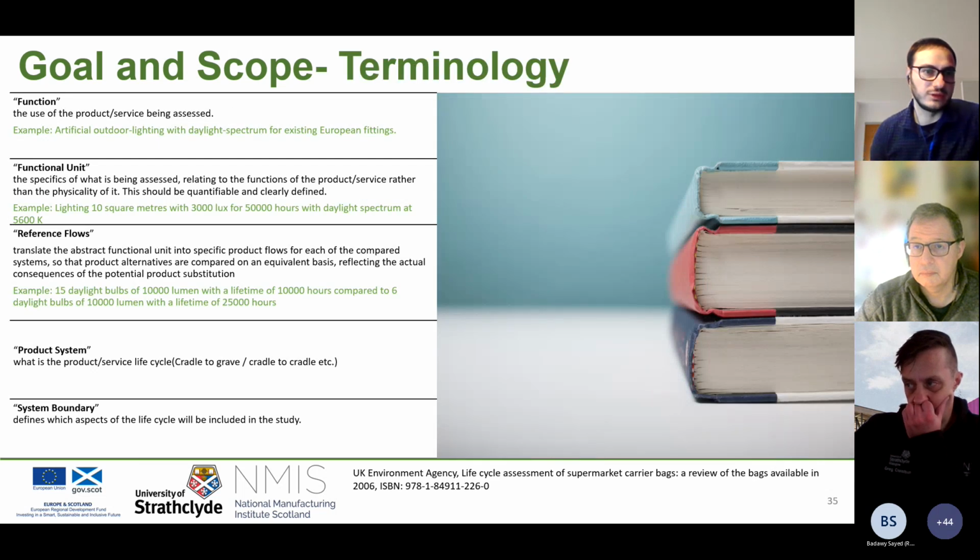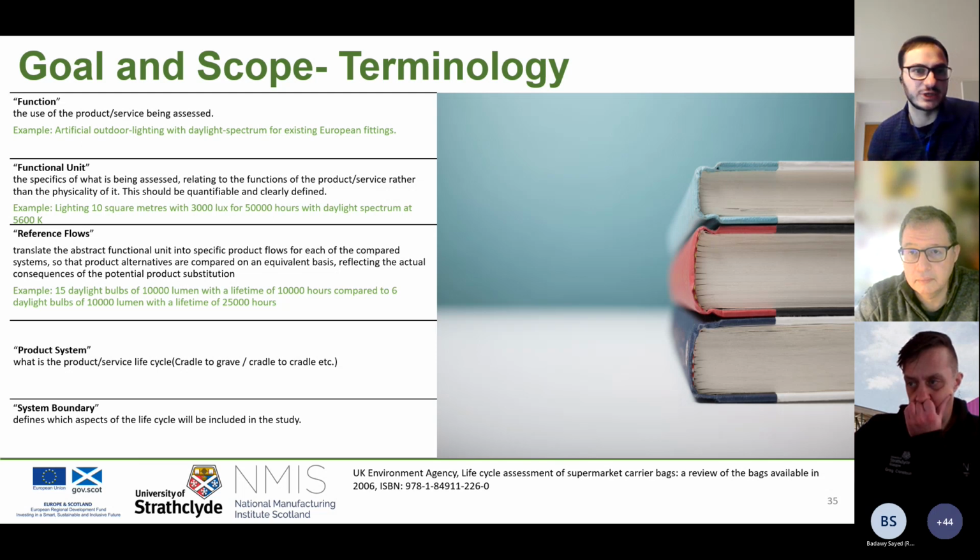So to begin with, the function. Function is the use of the product or the service that is being assessed. For example, let's suppose that we were focusing on artificial outdoor lighting with daylight spectrum for existing European fittings. Then we have the functional unit. It specifies what is being assessed, relating to the function of the product or the service rather than the physicality of it.